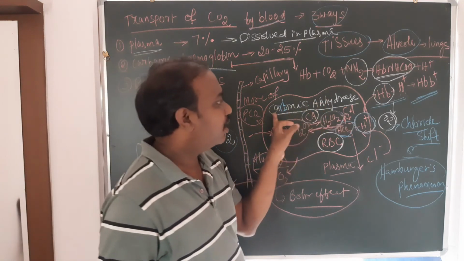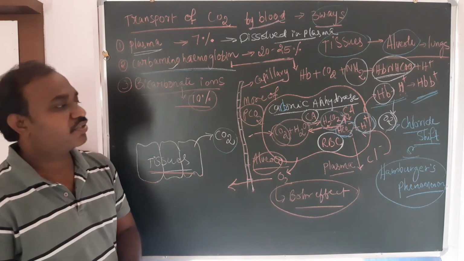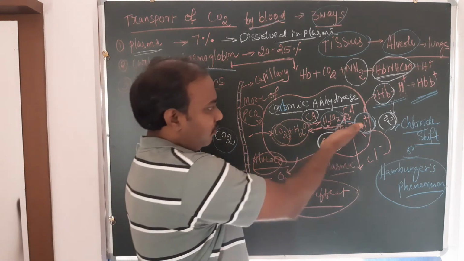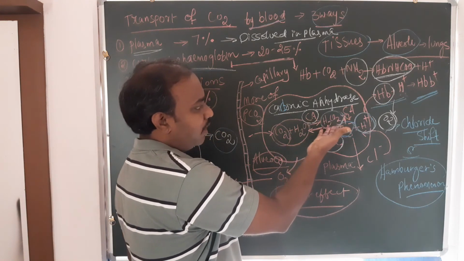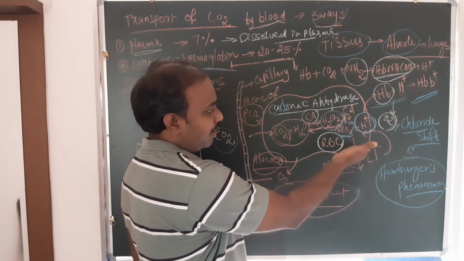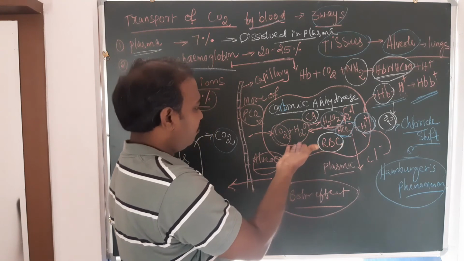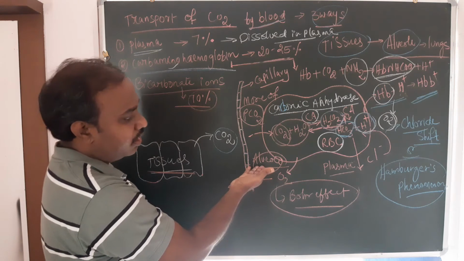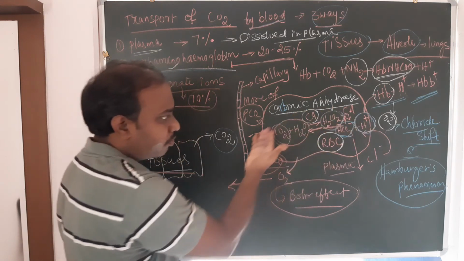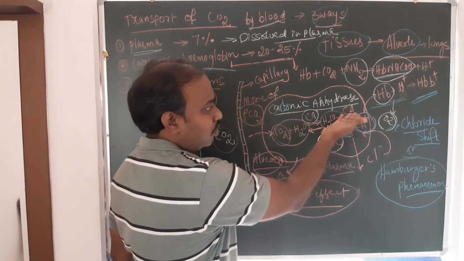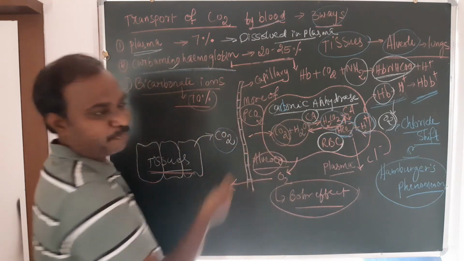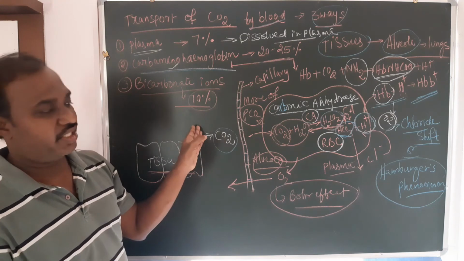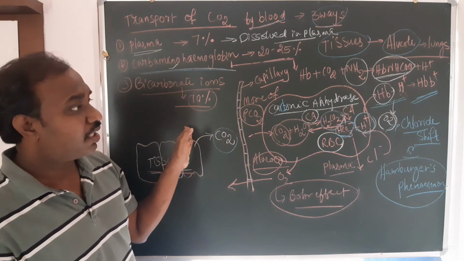So carbonic anhydrase is the enzyme which facilitates the formation of carbonic acid and bicarbonate ions, and this has taken place in the tissues. Once it reaches the alveoli, the same reaction occurs in a reversible manner, and we have the formation of CO2, which has been eliminated out.